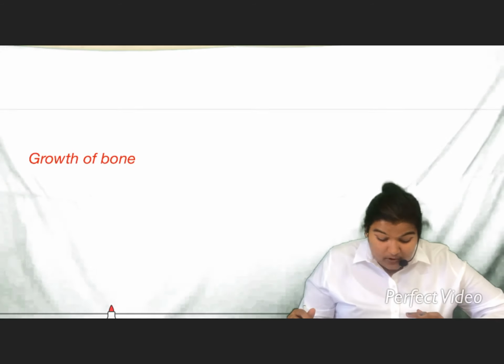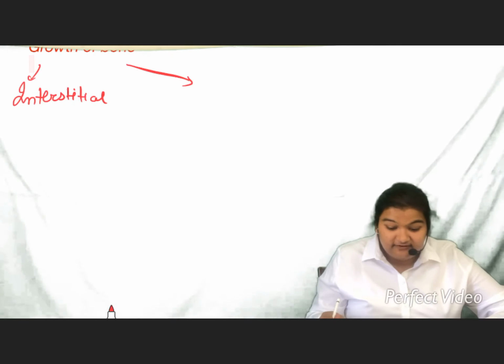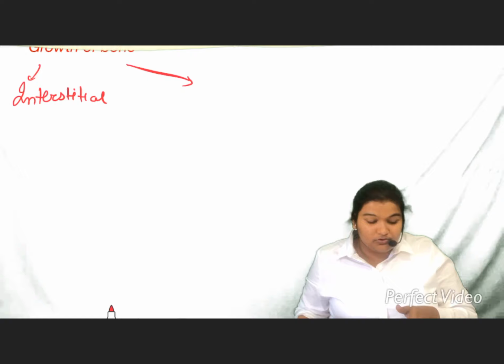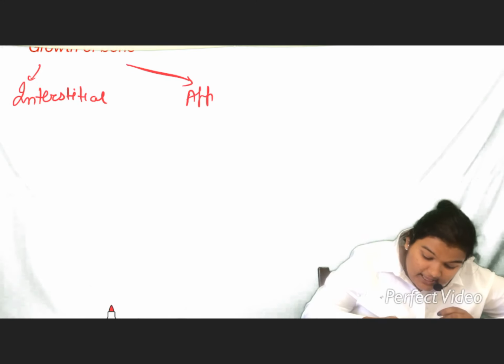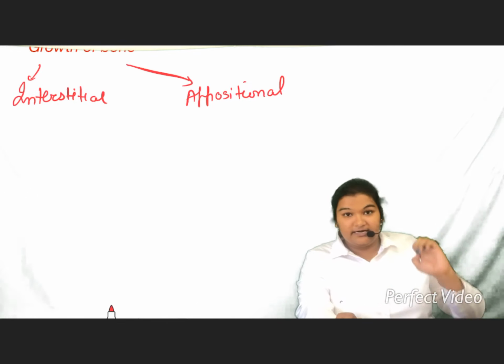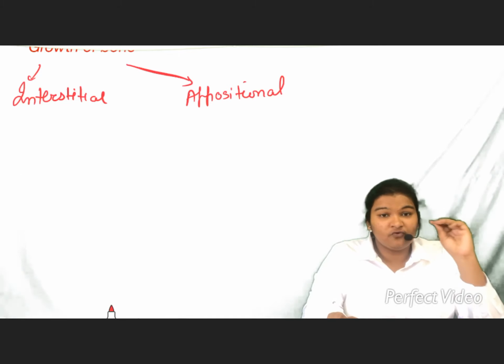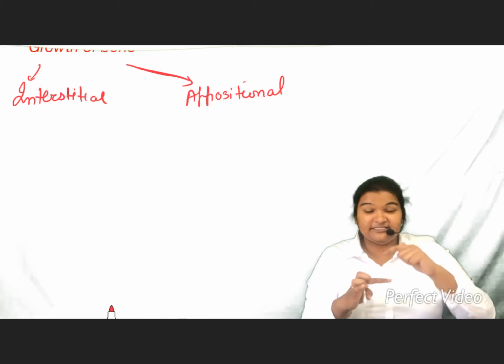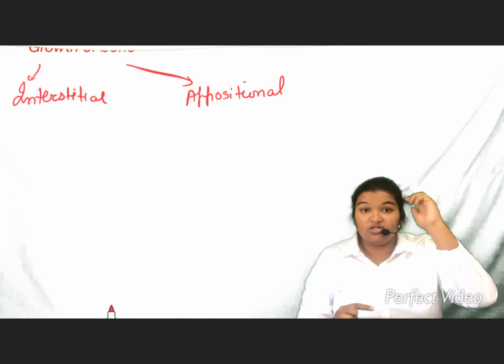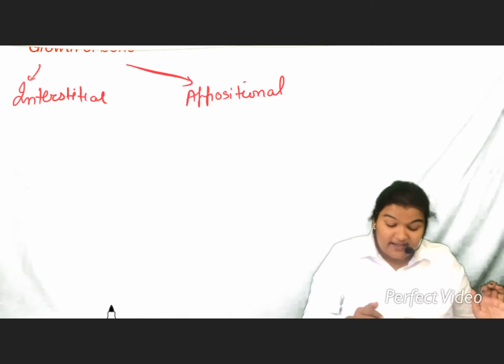Now there are two types of growth. First, we have the interstitial growth, and then we have the appositional growth. So what is interstitial growth and what is appositional growth? The growth because of the growth plate which results in increase in length of the bone, the longitudinal growth, is called interstitial growth.